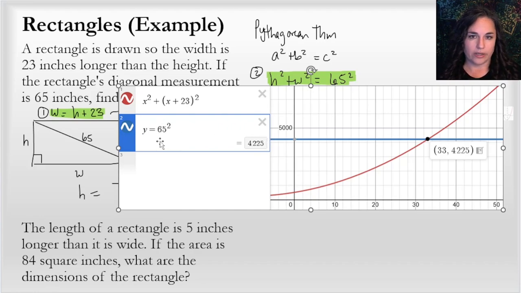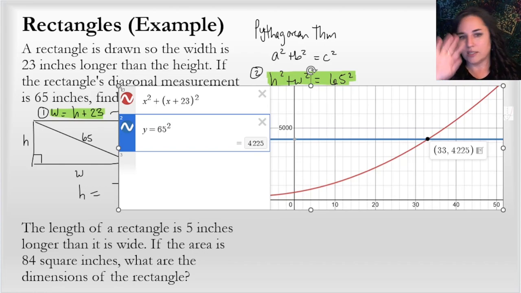I didn't even calculate it. I just put 65 squared in there, and you can see the answer, right? And so that comes up on my graph. There's another solution over here that I didn't show. It's the negative solution, but I don't care about the negative solution because this is a rectangle. A triangle and a rectangle. We can't have a negative height for a geometric object.